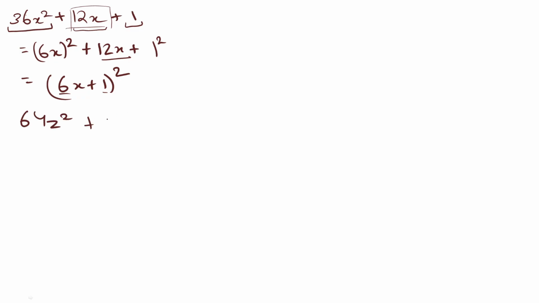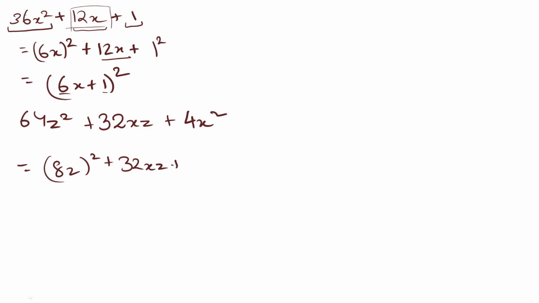64z square plus 32xz plus 4x square. We can write this as (8z) whole square plus 32xz plus (2x) whole square, or you can write these inverted.